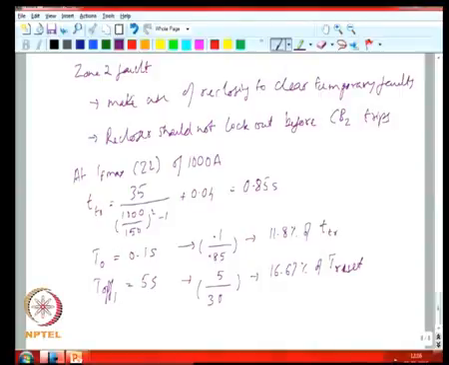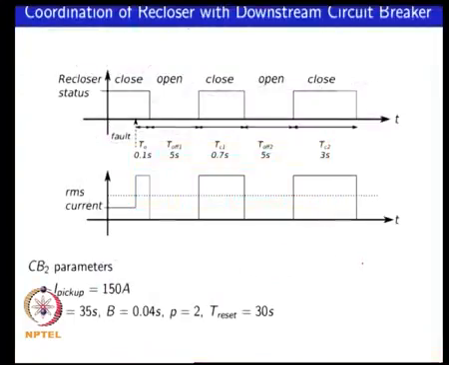So, at the end of your cycle over here, at this particular point, your circuit breaker 2 is fully reset. By the fault current level, it went up to 11.8%, it came down to 0, it is fully reset at this point of the operation of the recloser.